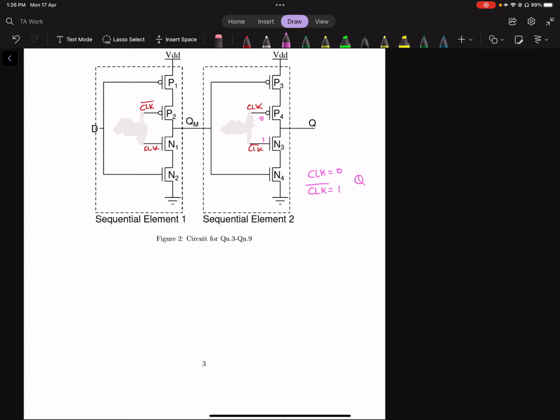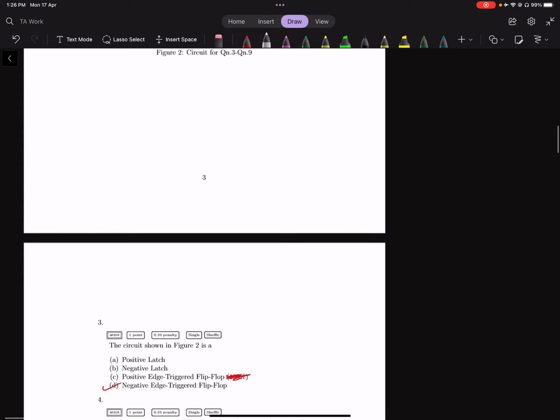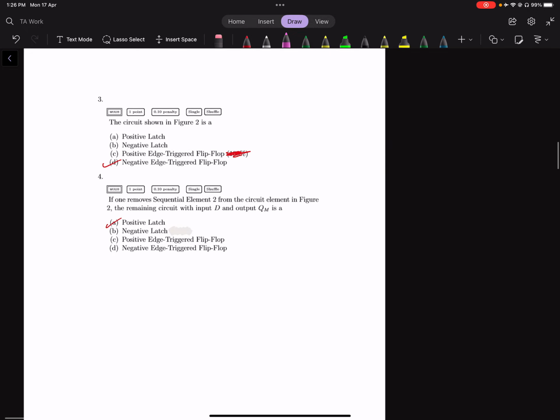It will possibly get changed depending on what the q and qm states were just before this negative edge. So it is only at this negative edge that the output changes, and so we name it based on the edge at which the output changes. It's a negative edge triggered flip flop.